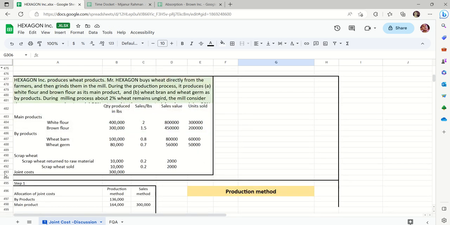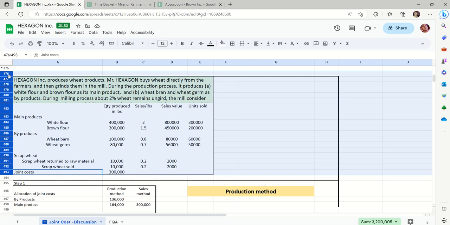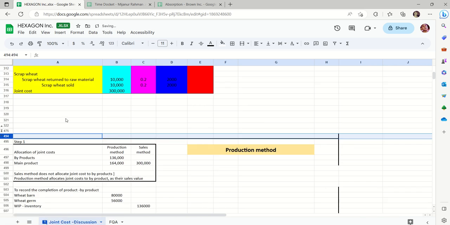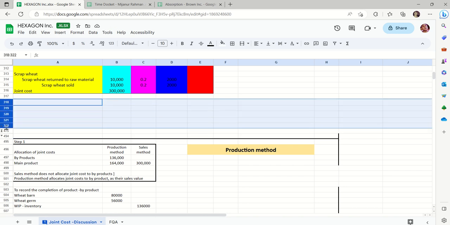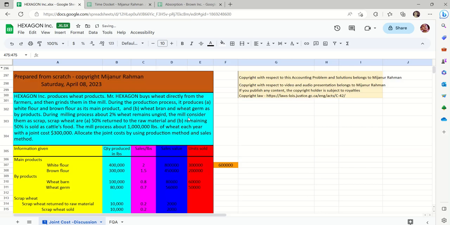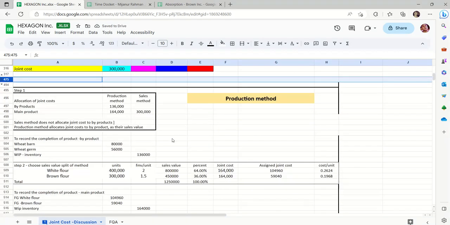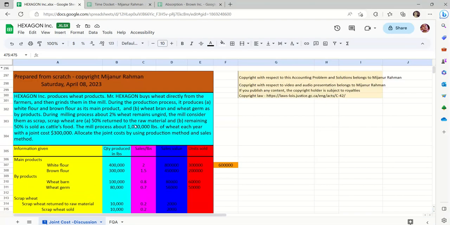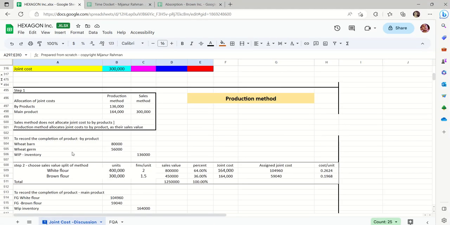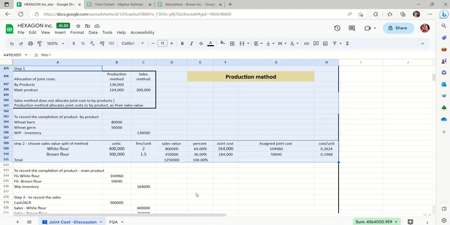For now we can hide this. So this is the information given to us, and this is our solution. We so far completed up to here. Now we need to record the sales.